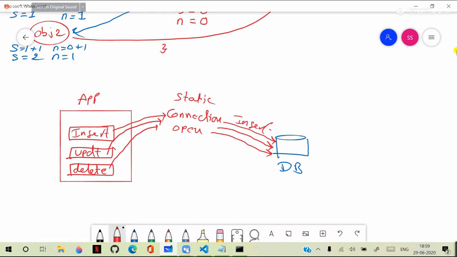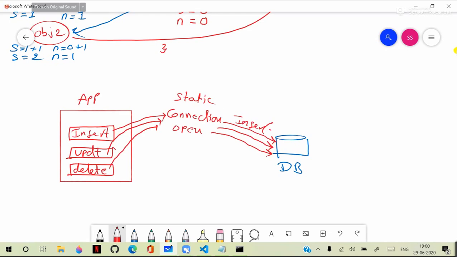That is the reason why many times in interviews, when we ask, tell me the difference between static and non-static, many people tell that static occupies more memory.